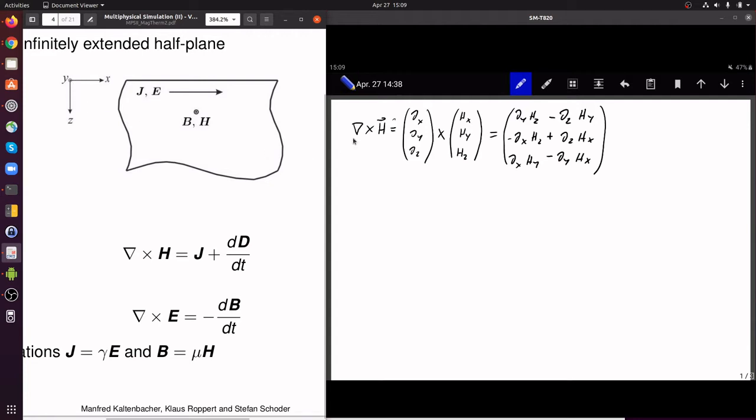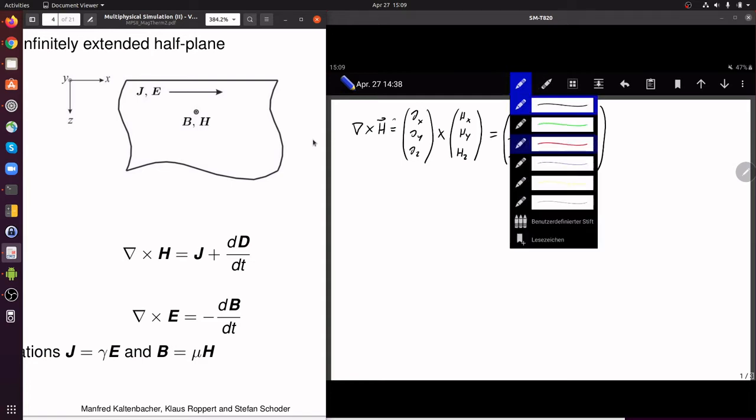So all partial derivatives with respect to x and y are neglected, or simply 0. So let's cross them out.